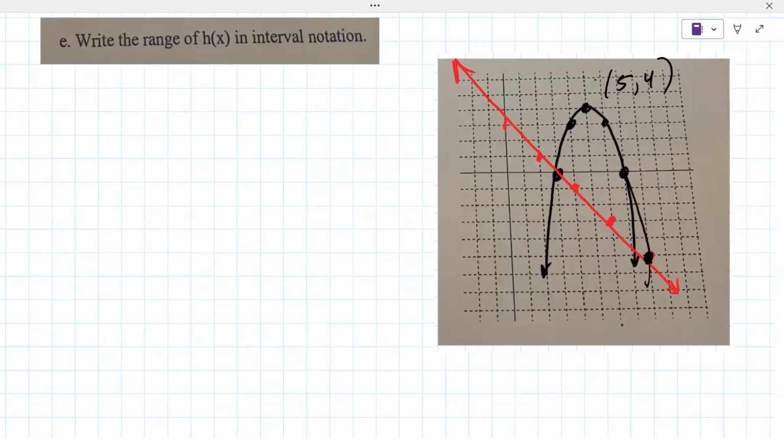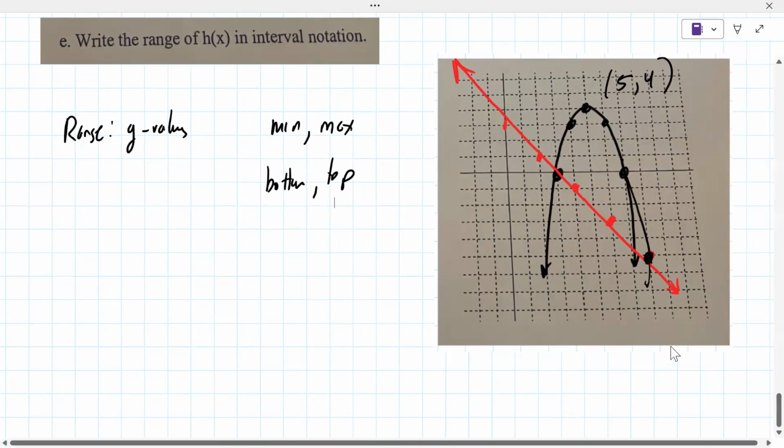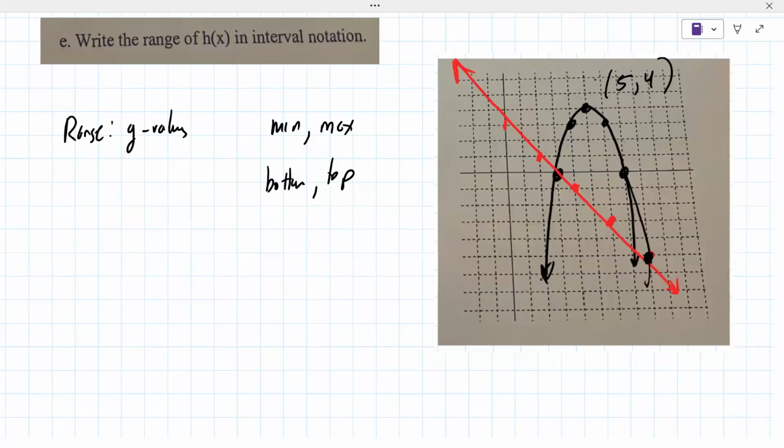Okay, so the range always refers to the y values. And it's the min to the max, or it's the bottom to the top. Basically you're asking yourself, how far down does the black line go? And it goes down forever. What is forever in math terms?